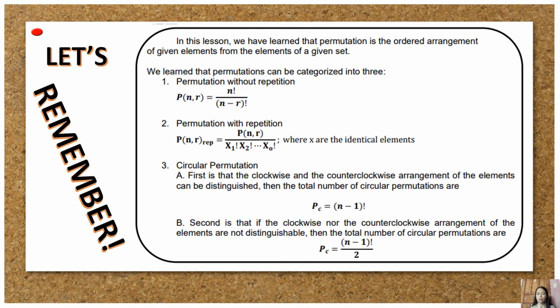While if the clockwise nor the counterclockwise arrangement of the elements are not distinguishable, example is the beads, the necklace, and the bracelets, then the total number of circular permutations is the quantity n minus 1 factorial over 2.